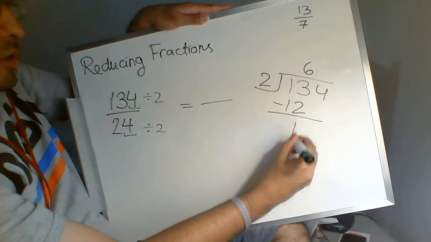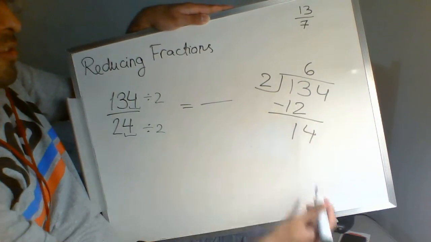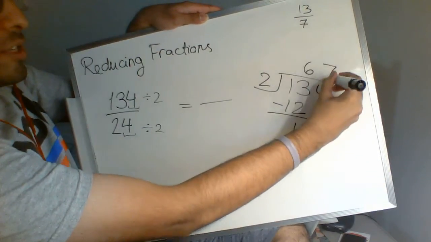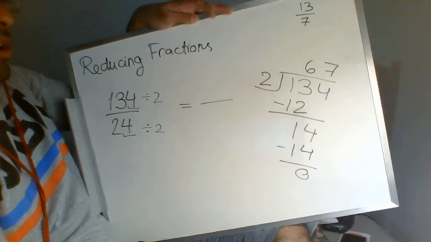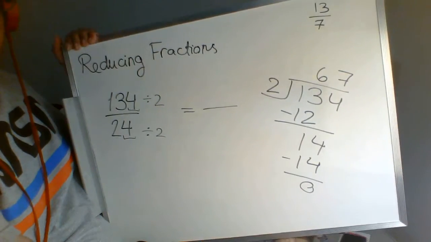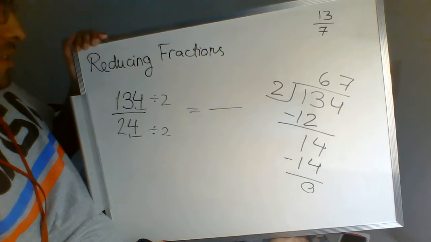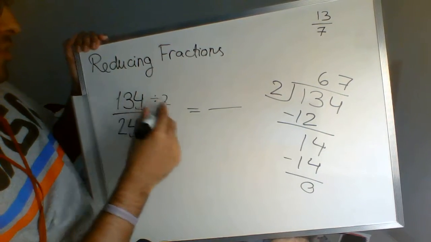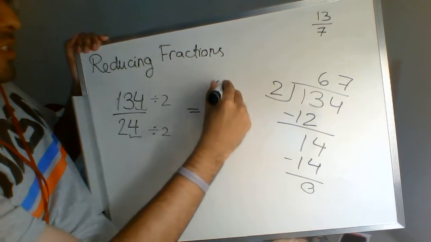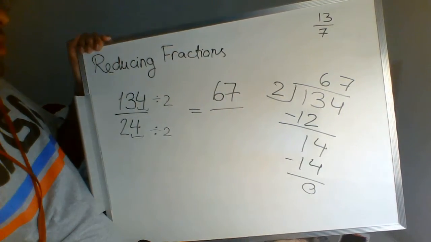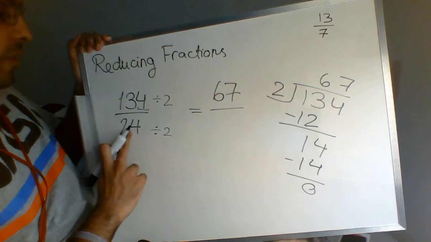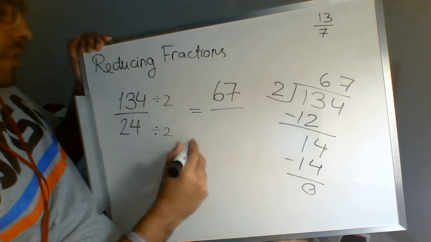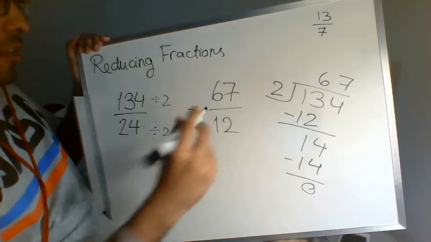We subtract, we get a 1, bring down the 4, and 2 goes into 14 7 times exactly, which leaves us with a 0 as our remainder. And so 134 divided by 2 gives us 67 as our new numerator. And for our new denominator, 24 divided by 2 leaves us with 12.